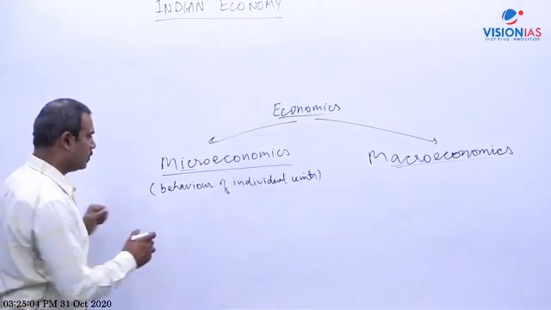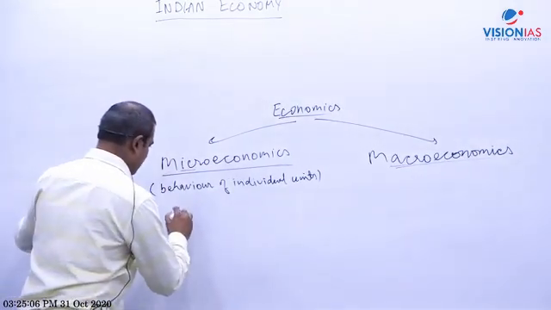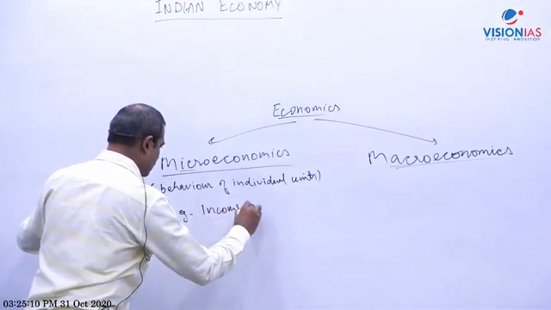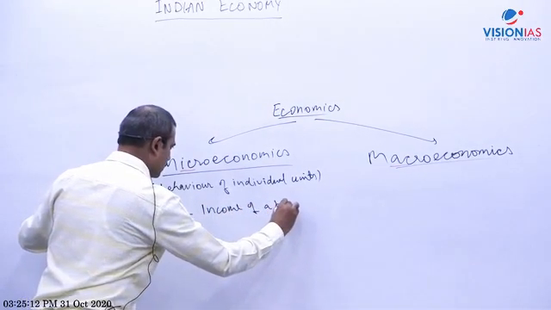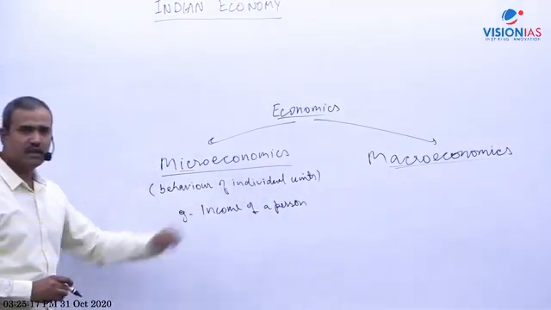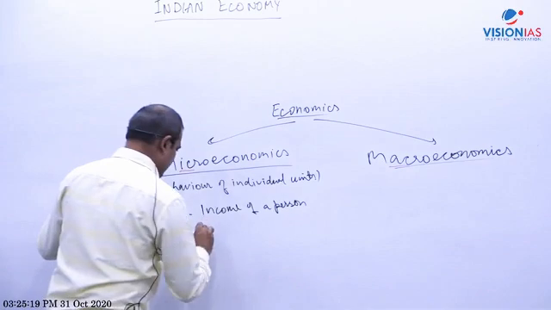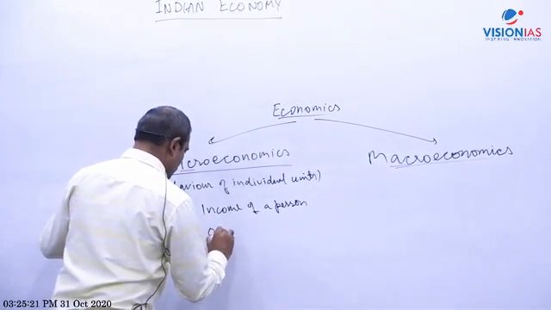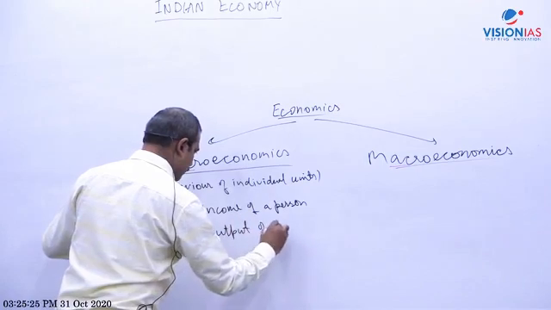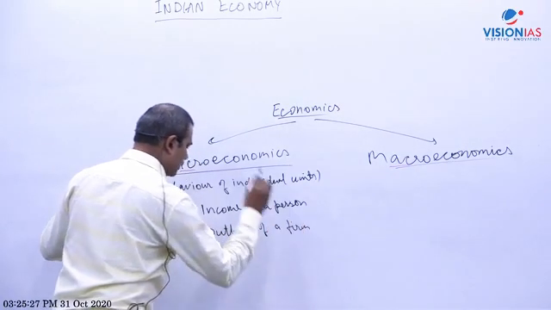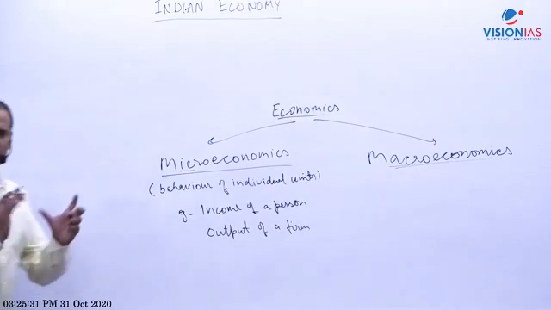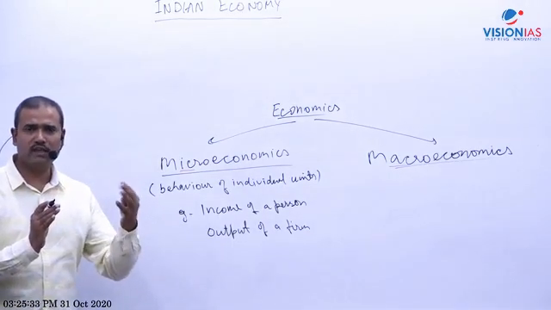Write down examples: income of a person, output of a firm, meaning how much output a firm should produce to maximize profit.